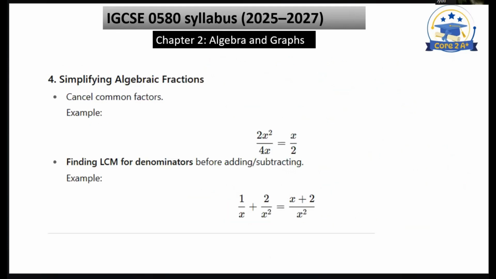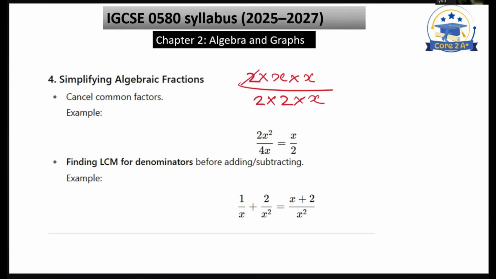Next. Simplifying algebraic fractions. How can we simplify an algebraic fraction? Suppose we have 2x square over 4x. So 2x square means 2 times x times x, right? Expand as simply as possible. 4, how can we write it in factor form? 2 times 2. 2 times 2 is 4, times x.